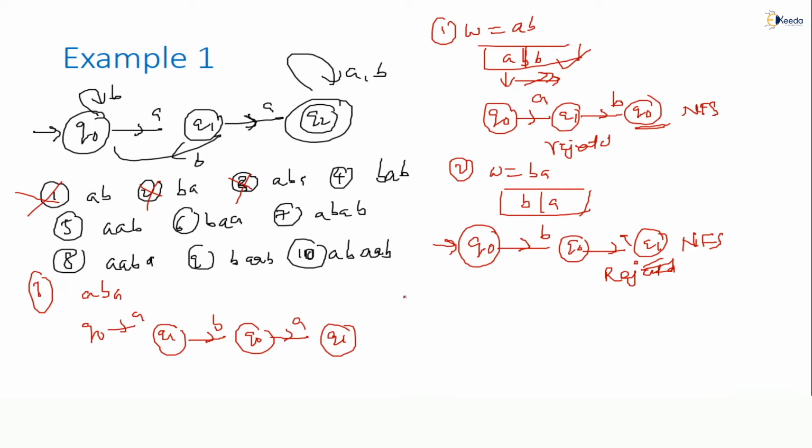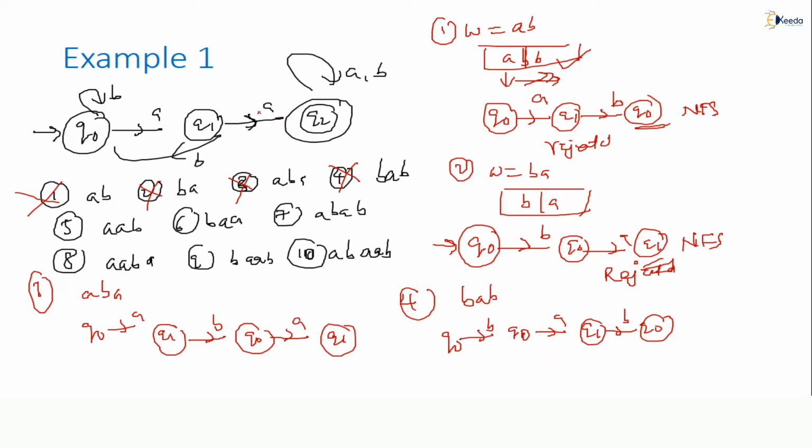What about the fourth one, BAB? Q naught on B, Q naught only. Q naught on A, Q1; Q1 on B, Q naught only. Q naught is a non-final state, so it is rejected.